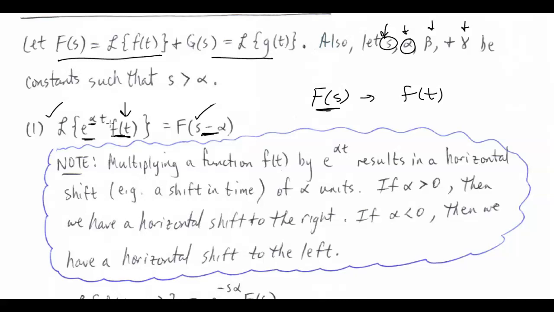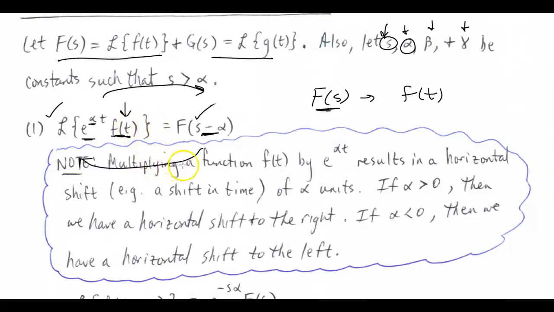So I talked about it in two ways because, in all actuality, this is an identity, so it can work going from left to right. It can also work going from right to left, okay?